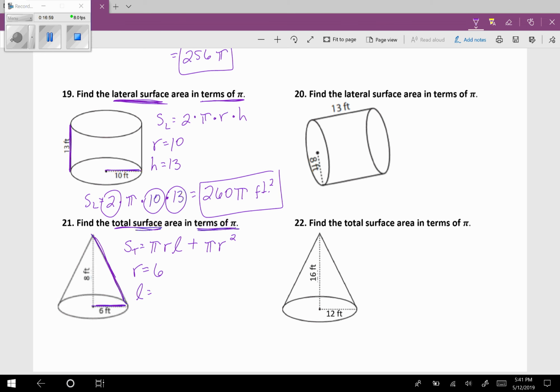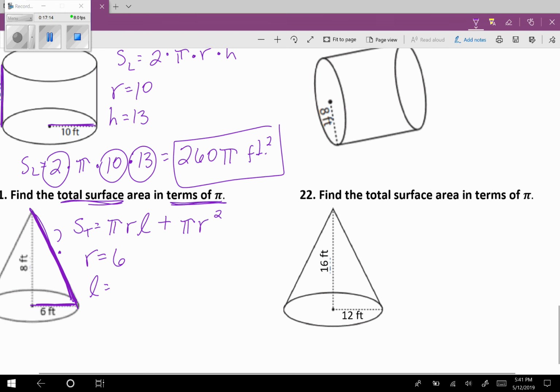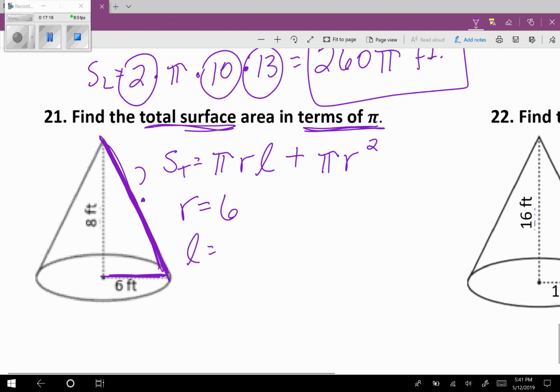So this slanted part, it's called the slant height for a reason. So the slant part here, we don't know that. They give us the height of the cone in the center, but they don't give us the slant height. So we have to use Pythagorean theorem to figure that out. So hint, hint, what do you think you're going to have to do on that test? Probably use slant height.